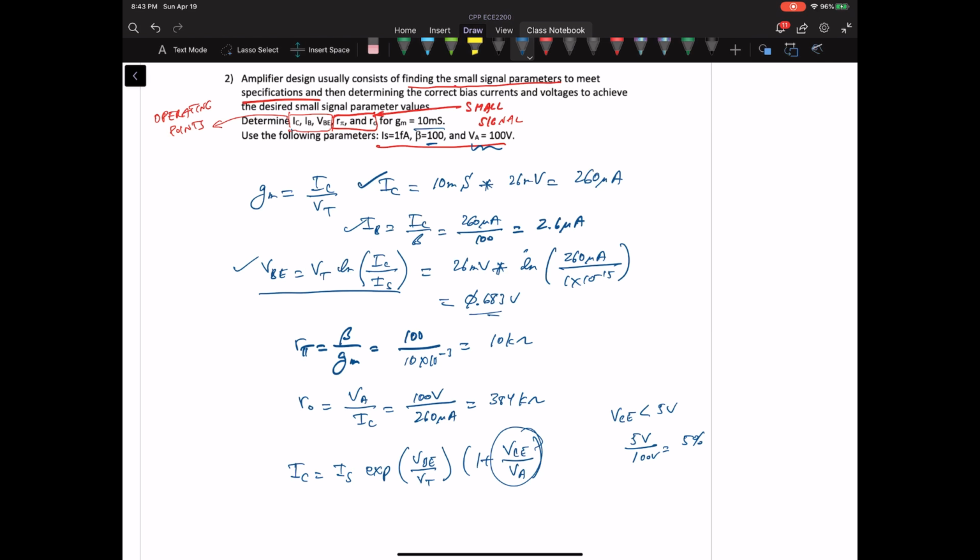The base current and VBE will see a small change too, so we're not going to worry about that. I'm going to drop that for the sake of simplicity.